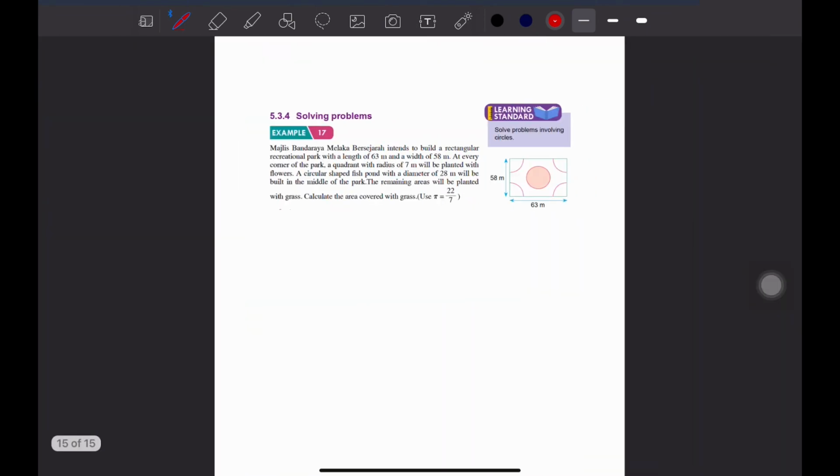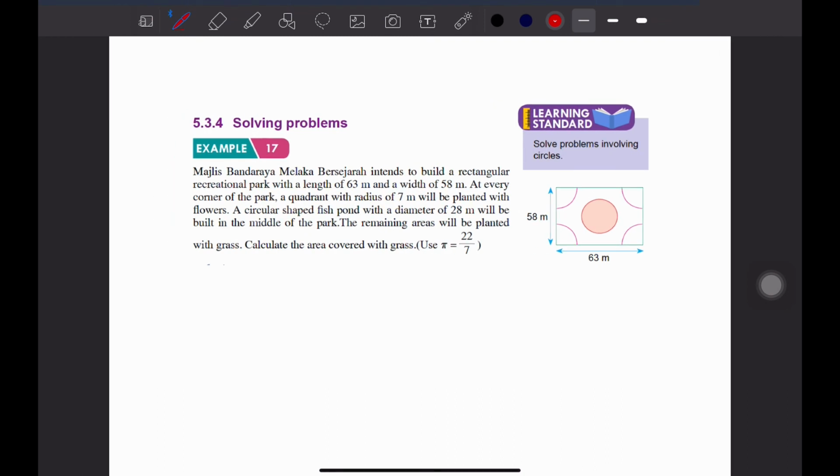Okay, so let's look at the last part of this chapter: solving problems. Example 17. Majlis Bandaraya Malacca Bersejarah intends to build a rectangular recreational park with a length of 63 meter and width of 58 meter.